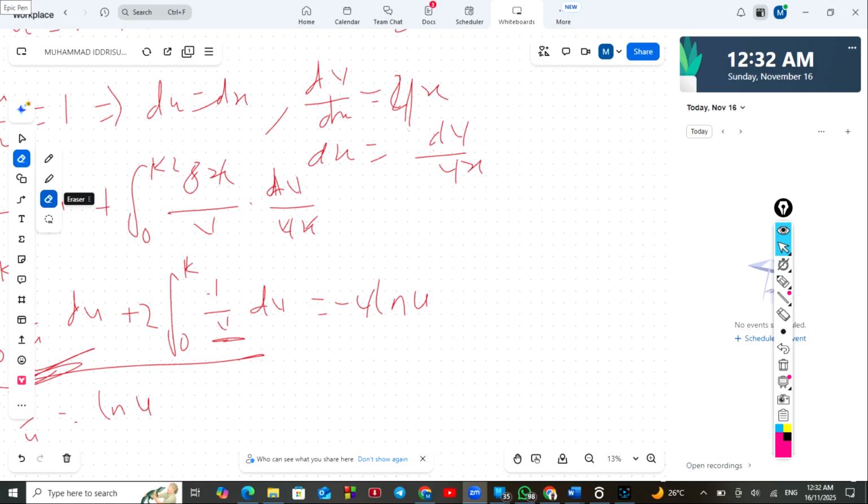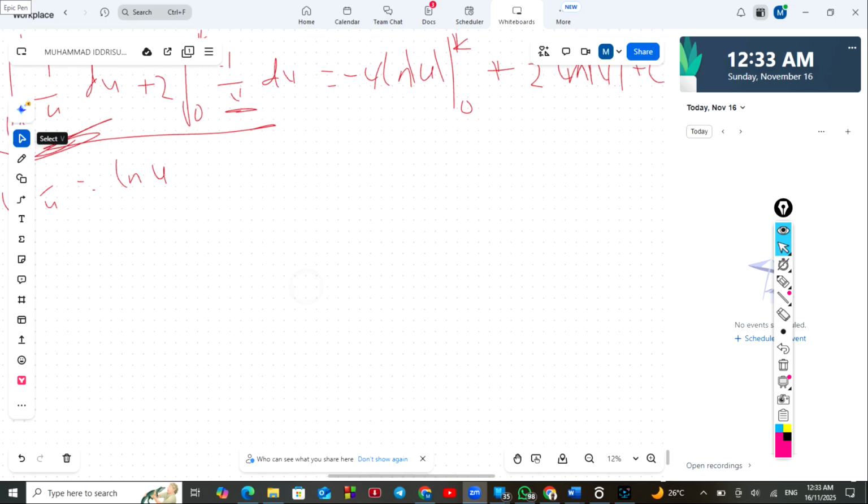I've forgotten about the k, so let me not forget about the k, from 0 to k. Usually you can put it in the magnitude bars to indicate that it's positive, but in the question they've indicated that k is greater than 0. Let me just bring it, plus some constant, let's say capital C.